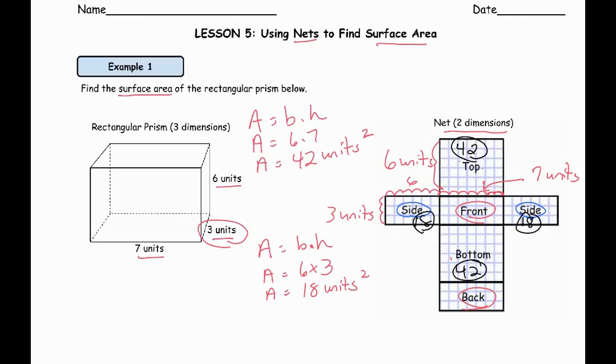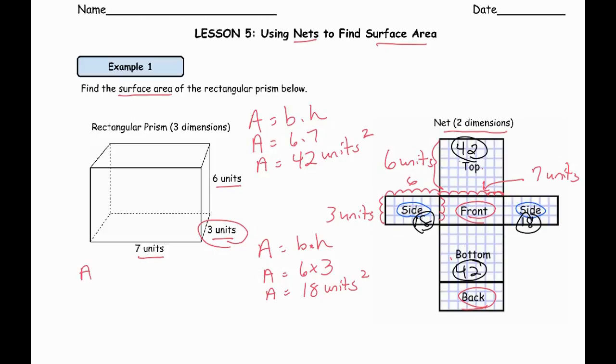Now all that's left is to find the front and the back of our rectangular prism. We need to figure out the area for those 2 faces, and then we will have all the information we need. So I'm going to make sure I have the correct dimensions. As you can see, we know that the height is 3 units, and we know that the base is 7 units.